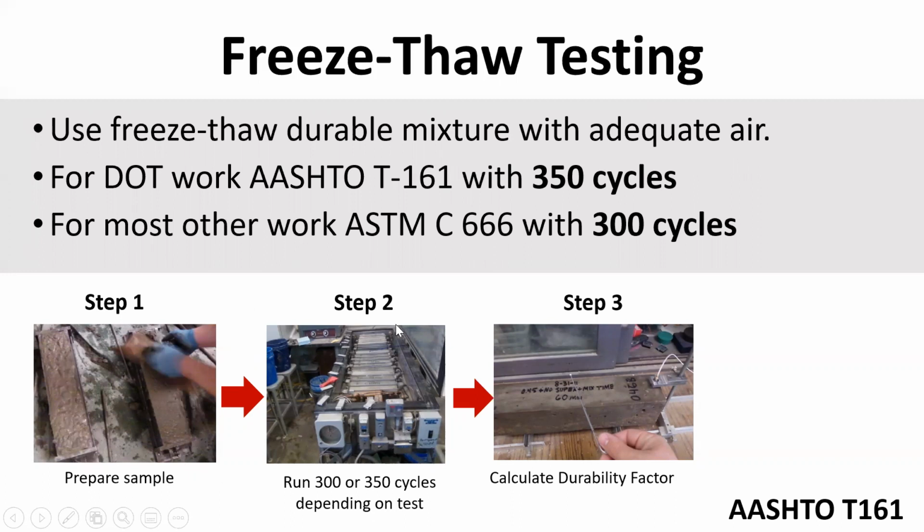You run it through C666 with these freezing and thawing cycles, and then you calculate the durability factor. So you see how well the dynamic modulus holds up. You make an impact, and you have a sensor here, and you see how well that's going to perform over time.